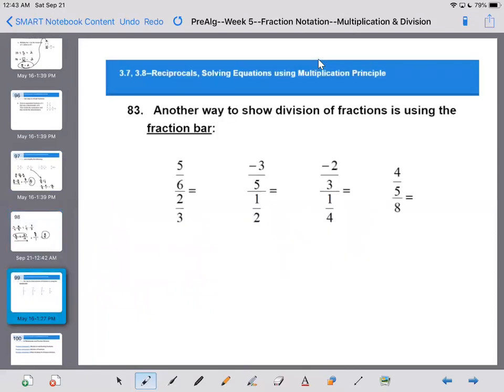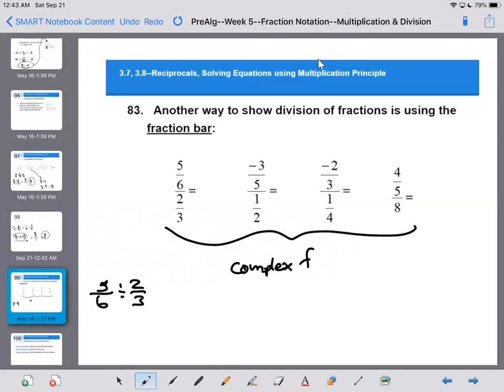8/3. So we would say 8/3 is our answer. And then this is just one more way to look at division of fractions. This one right here is no different than 5/6 divided by 2/3. It's the same thing. It's just that the method we're looking at with these four is what we would say are complex fractions.